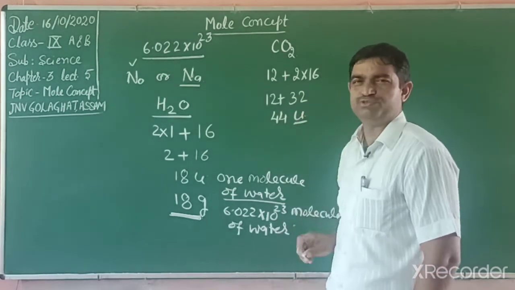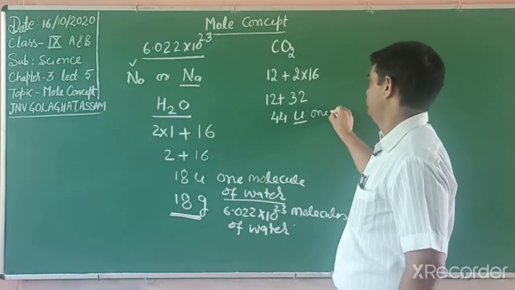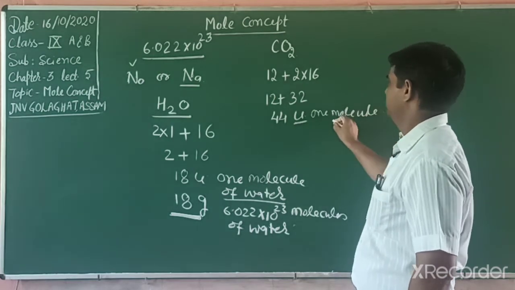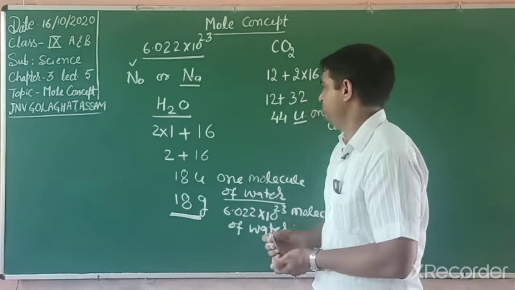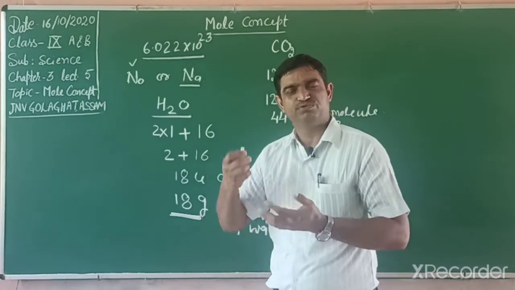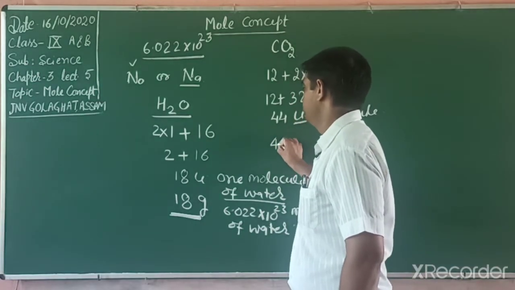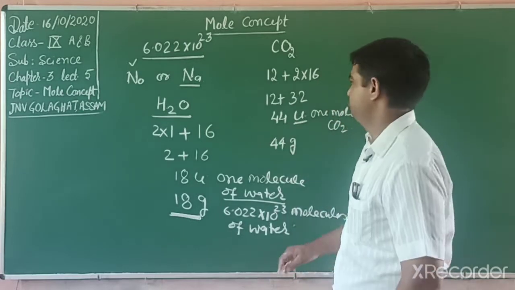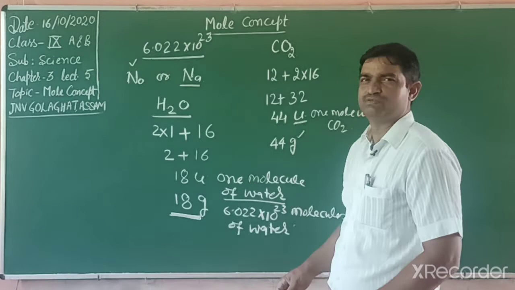This 44U means the mass of only 1 molecule of carbon dioxide. If we want to find the total mass of Avogadro number of molecules, then you simply write 44 gram. Means in place of U we write gram. That mass is molar mass.